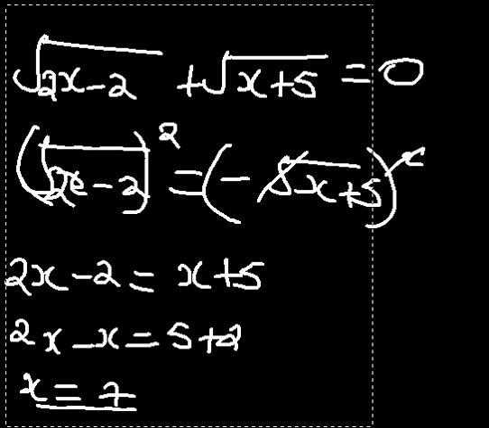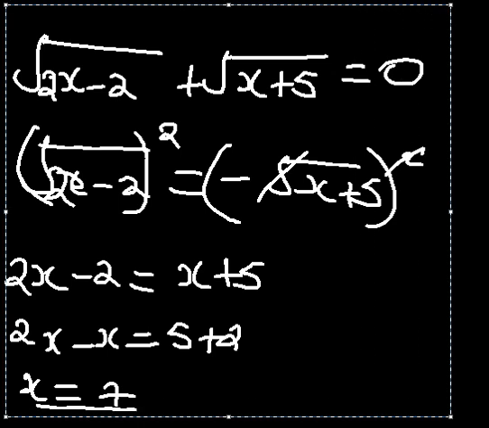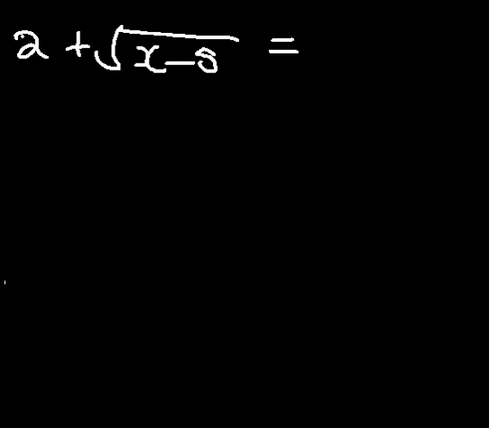So how about if we have this other case? Let's say we have 2 plus the square root of x minus 5, which is equal to 4. Now, how should you solve for x in this case? The principle remains the same.